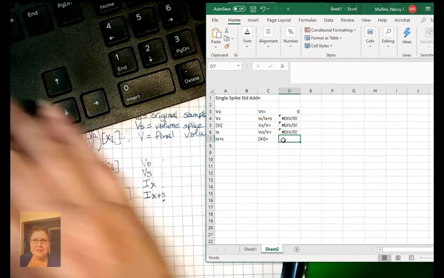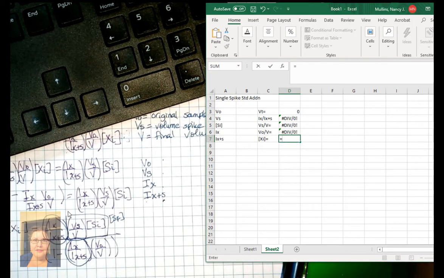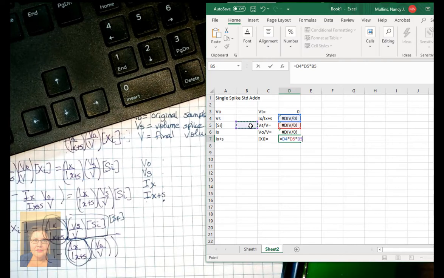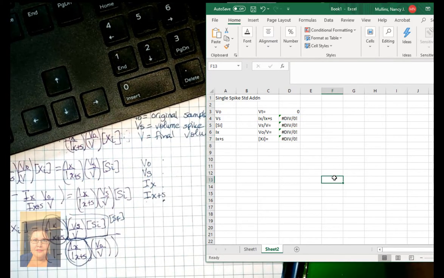So my unknown is going to equal this intensity ratio, times the spike volume ratio, times the concentration of my spike, over the group 1 minus the intensity ratio times the volume original over total. Close that group, and we can solve for our unknown.